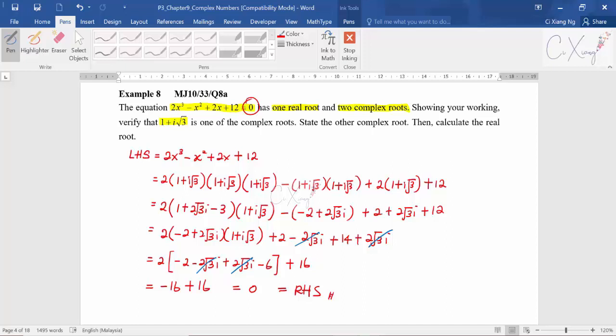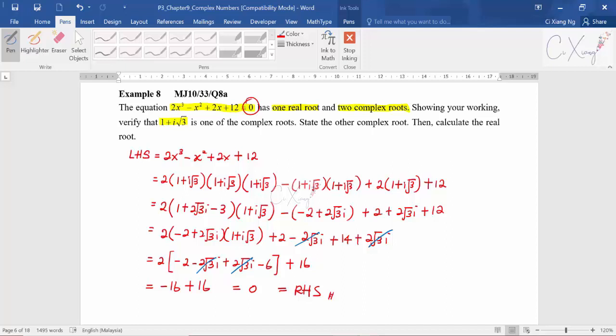For this method, mine is straightforward, but it might not be the shortest solution. Of course, you can look for other ones online if you are interested to get a shorter solution to prove that this is a root.